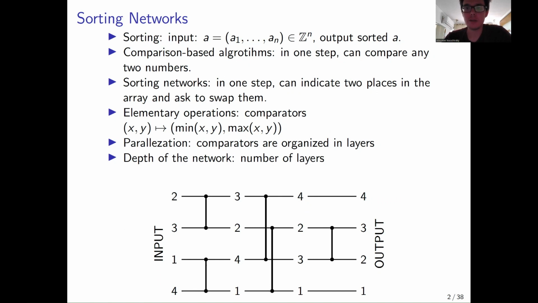But the oracle doesn't tell you whether he really swapped these numbers or whether they were already in the right order. So in this model, you just indicate a sequence of pairs of positions, and the oracle performs these swaps if necessary.